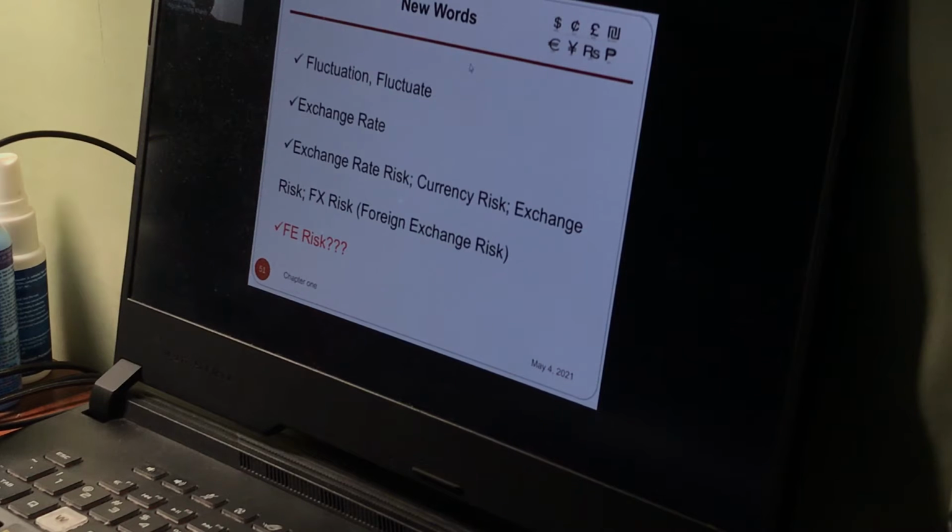Nguyễn Trung Khánh ạ. Trung Khánh, please remember, don't use "exchange currency". We use foreign currency or currency. If you use "exchange currency", it doesn't work.